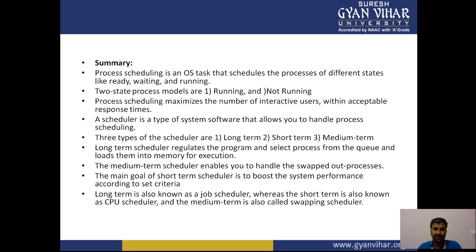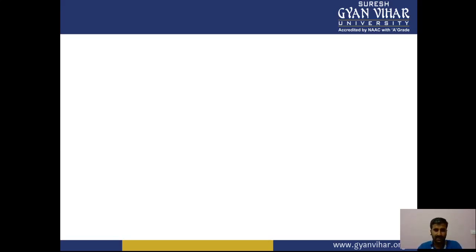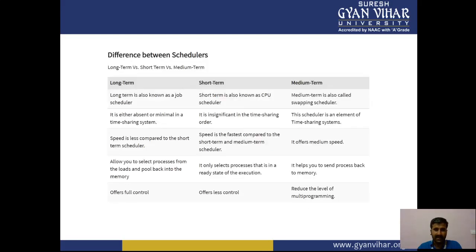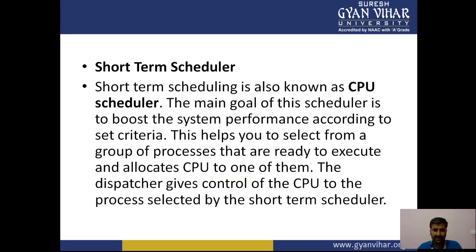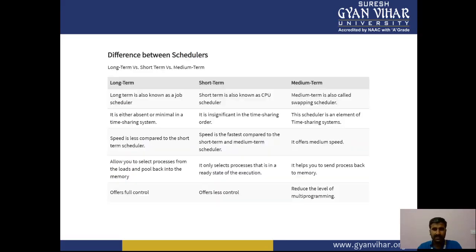Now we go to the summary. Process scheduling is an operating system task that schedules processes of different states like ready and waiting. Regarding the differences in speed, the long-term scheduler is less fast compared to the short term scheduler, the short term scheduler's speed is fastest, and the medium term scheduler offers medium speed.